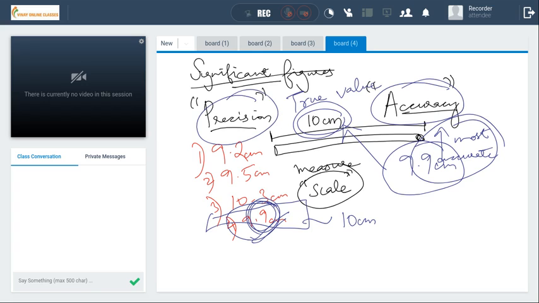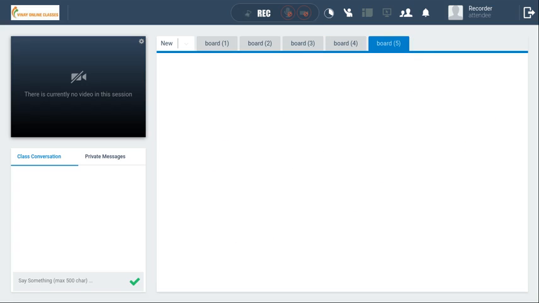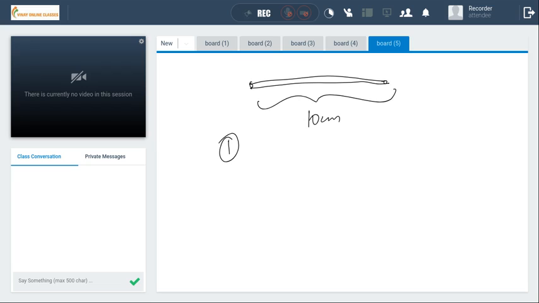Now, precision. What is precision? Suppose you have to measure something, like, again, you have this rope. Now it measures 10 centimeter again. Now, one student measures it as 9.9.